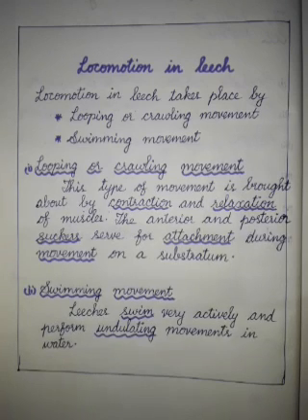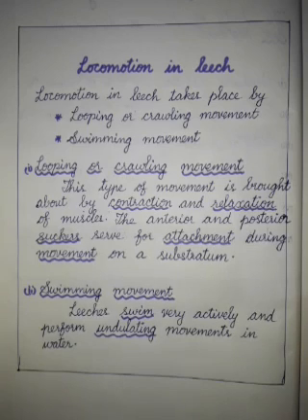So the leech undergoes two types of movement. One is the looping or the crawling movement, which is brought about by the contraction and relaxation of the circular and the longitudinal muscles. When they move, the suckers help them to attach on the substratum and then they help to move.